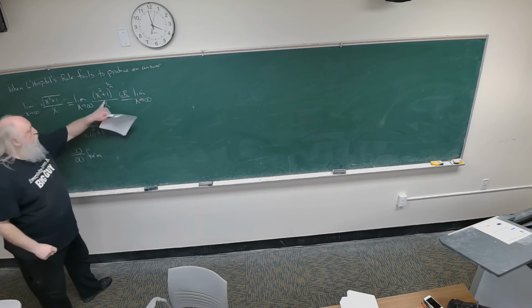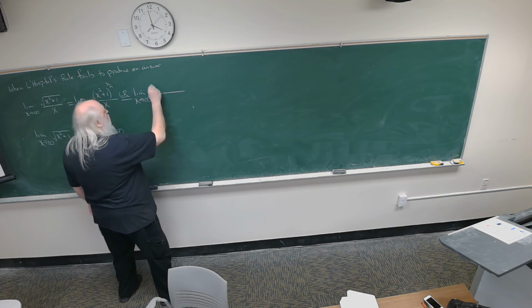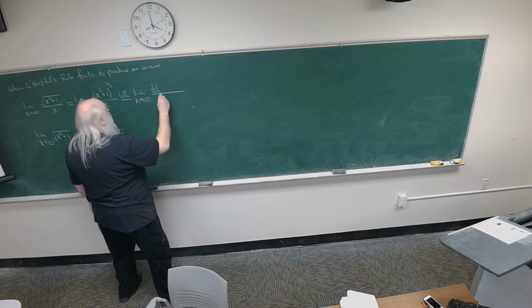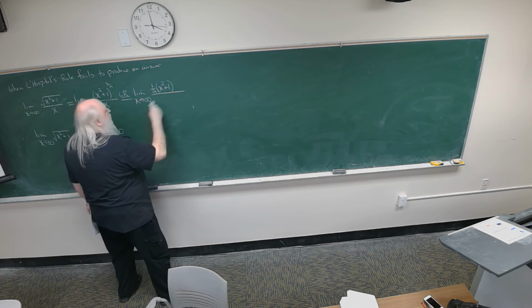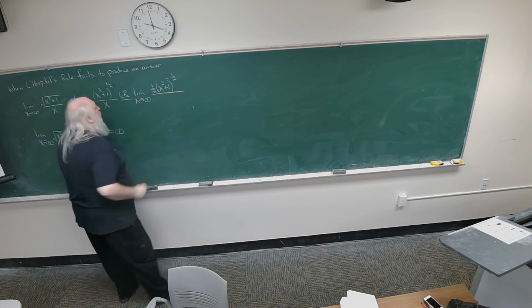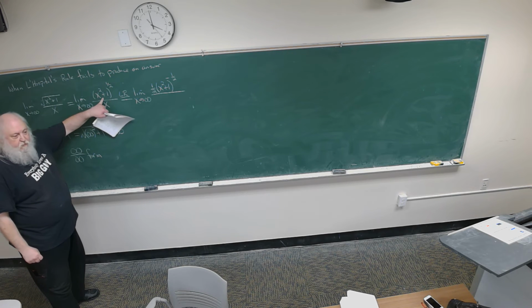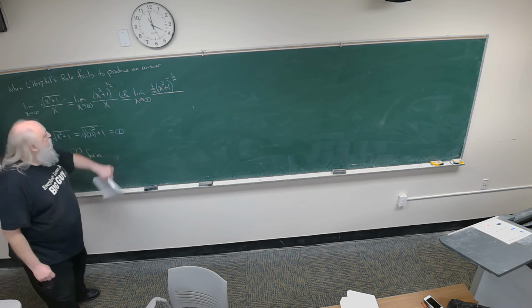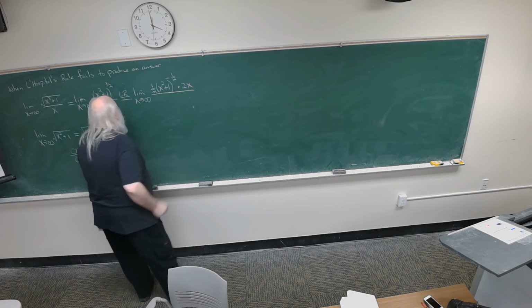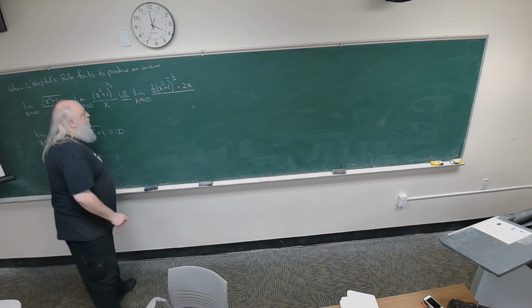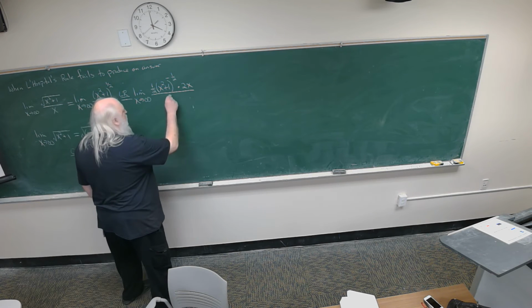Differentiating the numerator, use the general power rule: bring down the 1/2, subtract 1 from the exponent, 1/2 minus 1 is minus 1/2, and then multiply by the derivative of x squared plus 1. The derivative of x squared is 2x, and the derivative of plus 1 is 0. Now we differentiate the denominator. The derivative of x with respect to x is 1.